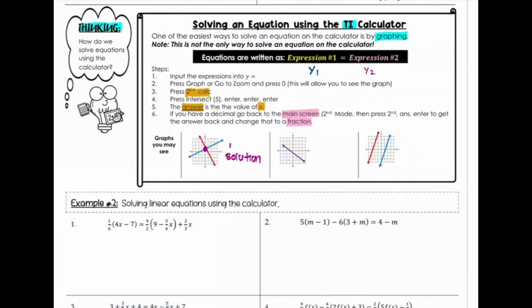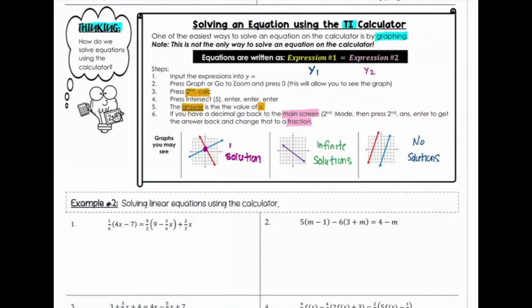You may see only one line when we graph it. If you see only one graph, this means that we have infinite solutions. And the last case, we might see 2 lines that never intersect. This means we have no solutions.